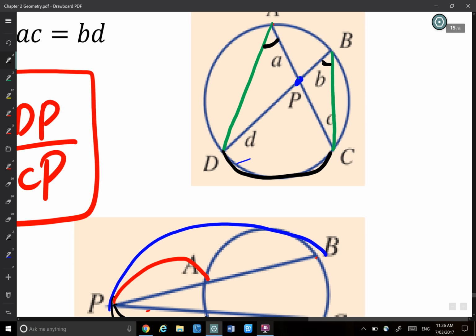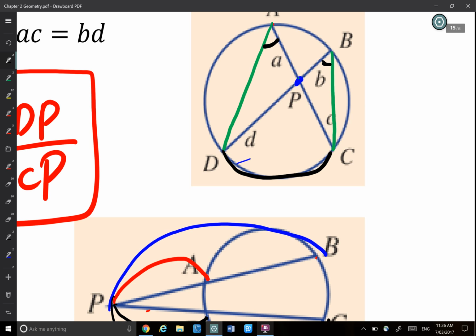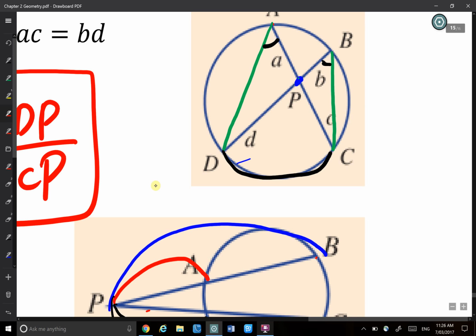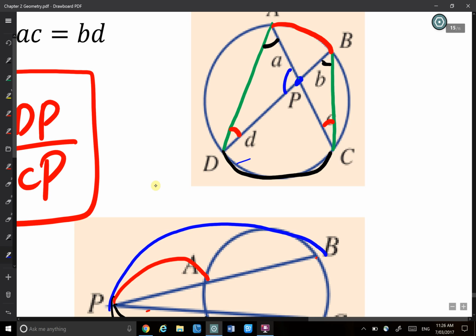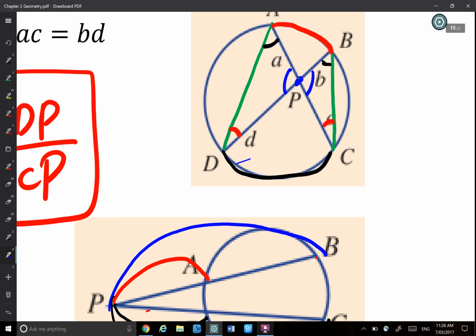Okay, those two angles must be the same. And this angle and this angle must be the same because they are all subtended by this arc. And also we will have vertically opposite angles, they must be equal. So three angles equal by AAA, you can say they are similar triangles.